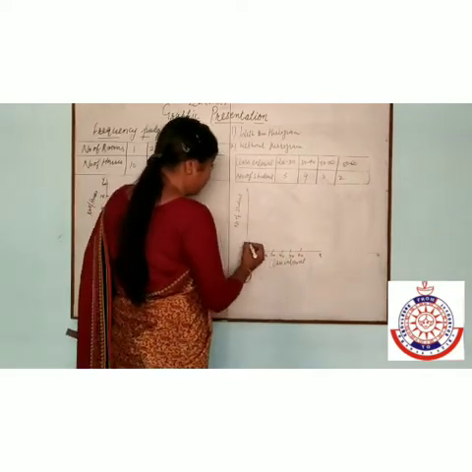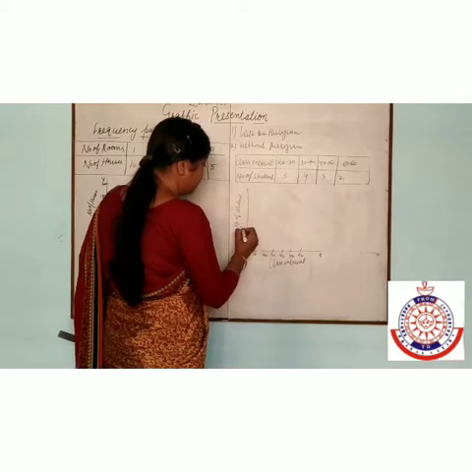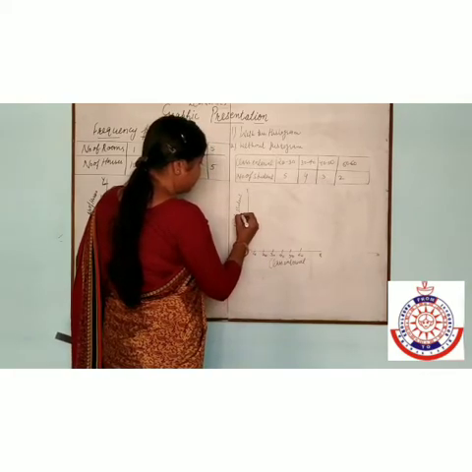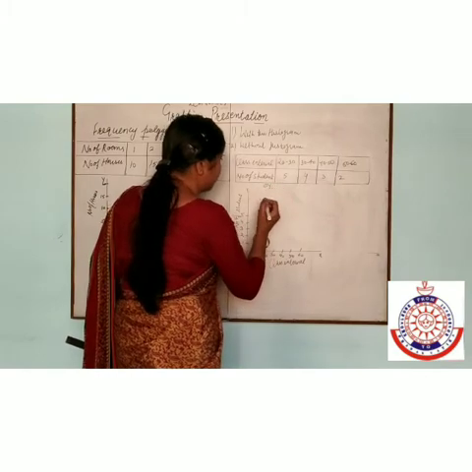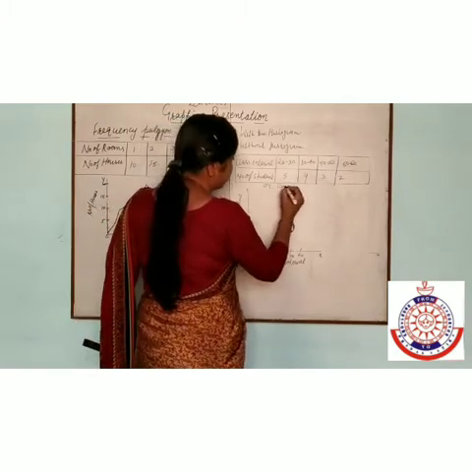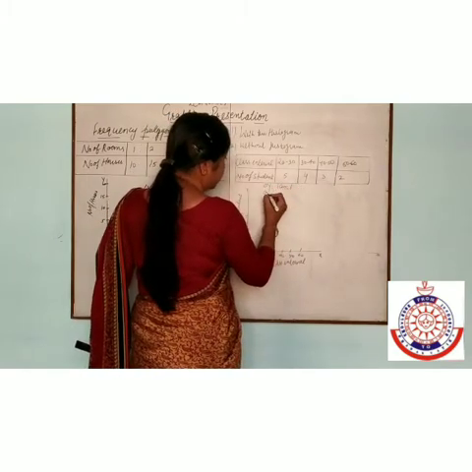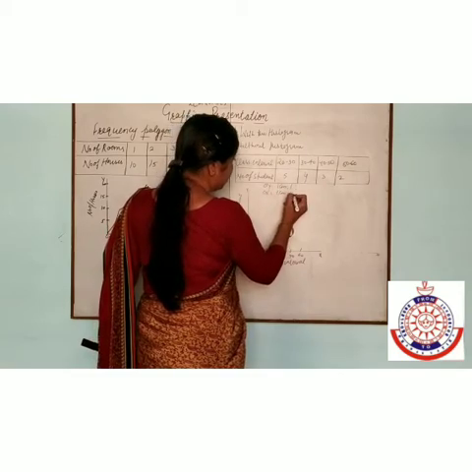Number of students is 5: 1, 2, 3, 4, 5. On OY axis 1 centimeter is equal to 1, and on OX axis 1 centimeter is equal to 10.